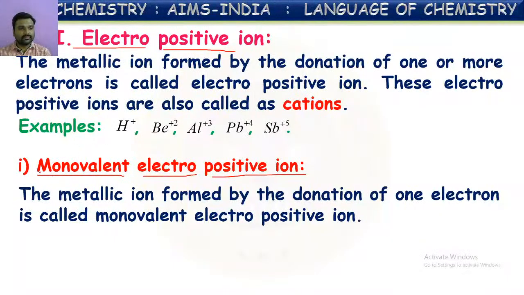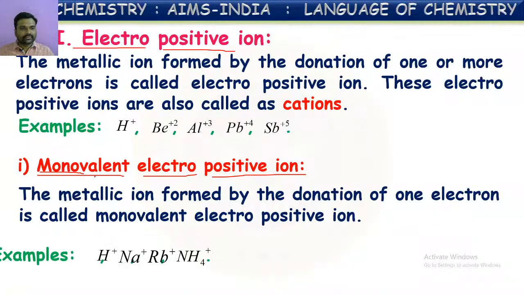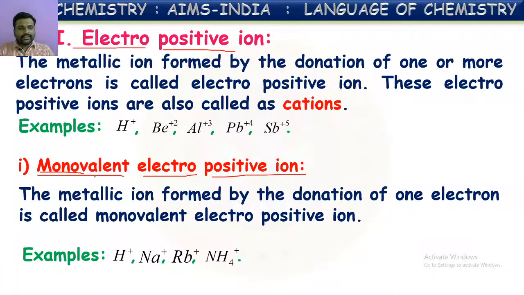Here you can see monovalency, one valency, meaning the charged particle formed by the donation or loss of one electron is called a monovalent electropositive ion. For example, H+ ion, which is formed by the loss of one electron from hydrogen.